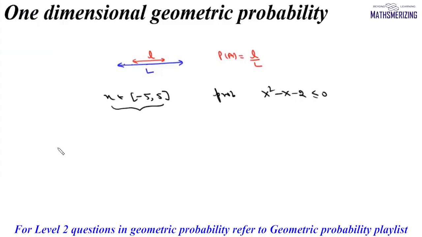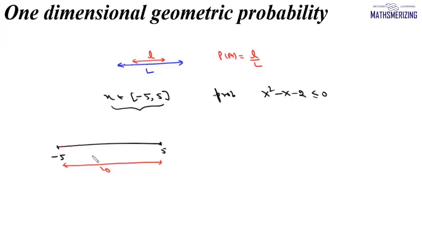So this x can be represented by this line segment starting from -5 to +5, where the length of this line segment is simply 10. Now, any point on this line corresponds to a unique value of x from -5 to +5.